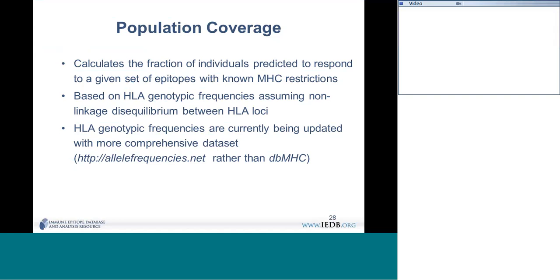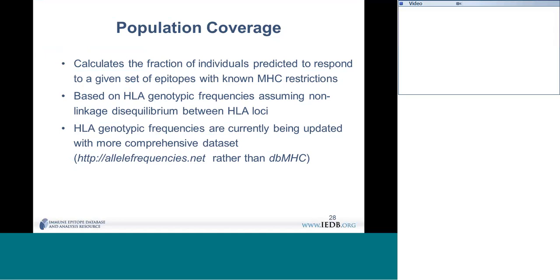As I said, the tool is meant to calculate the fraction of individuals predicted to respond to a given set of epitopes with known MHC restriction. As you will probably know, different HLA molecules have vastly different frequencies in different populations. Actually, HLA are typically used to track movements of different populations over time in migration patterns, because it's such a highly diverse molecule, but obviously it's inherited and you can track it well.